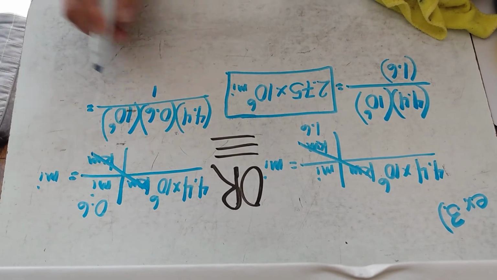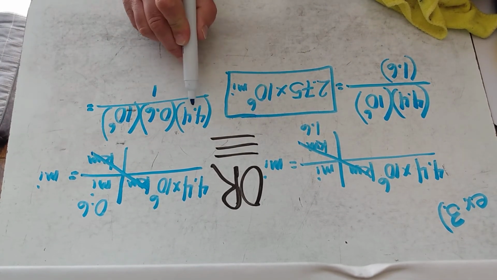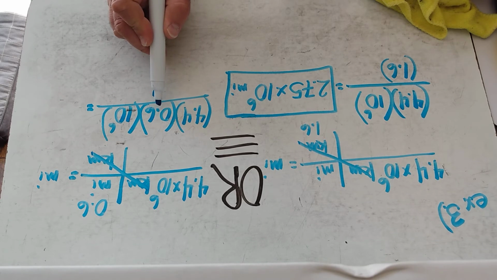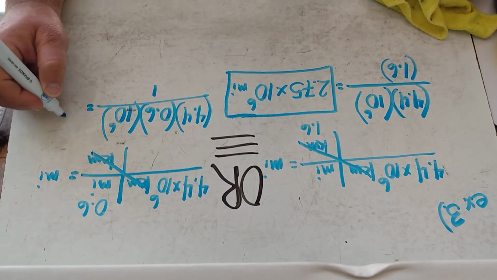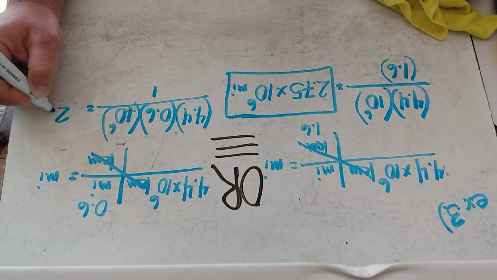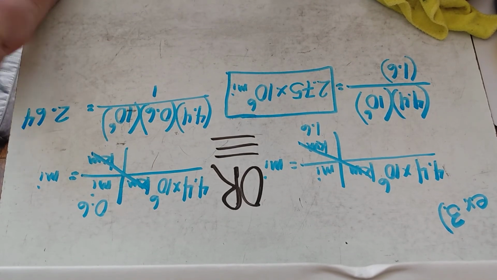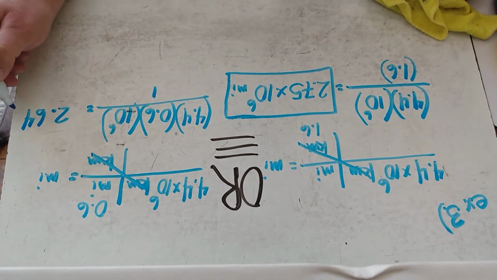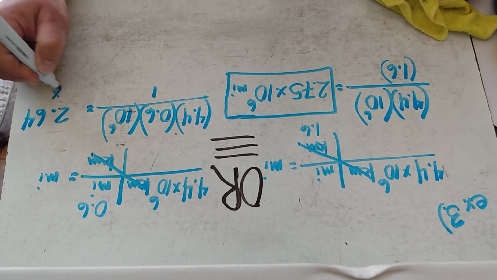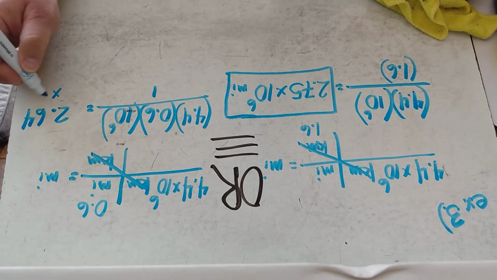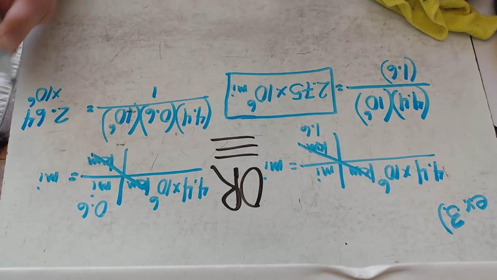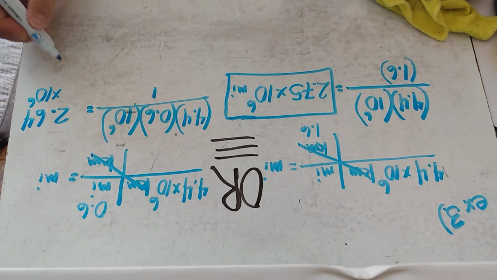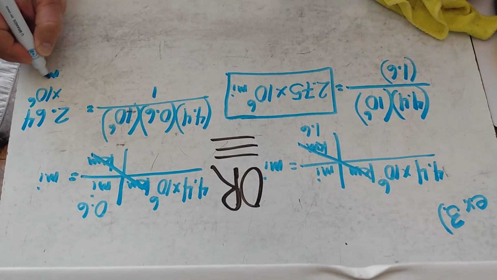Now, what we're really going to do is put 4.4 times 0.6. We plug that into the calculator. And what we end up getting is 2.64. Okay. Now, just because of space, running out of space over here, I'm going to put times 10 to the 6th, because we still have that. And then I'm going to put miles down below.